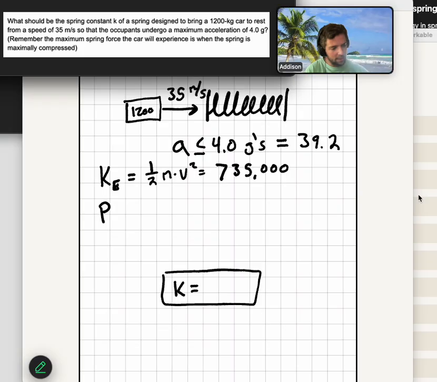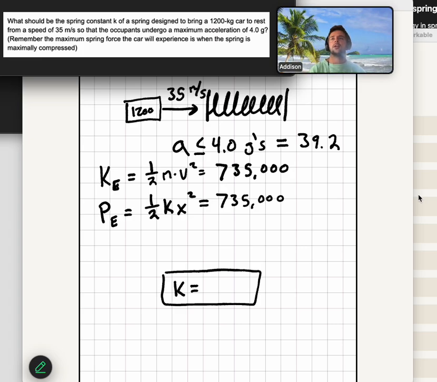So the potential energy of a compressed spring is 1/2 kx squared. And because of the conservation of energy, we know that this will be equal to the initial kinetic energy. Okay, so we're well on our way. We have this equation, 1/2 kx squared equals 735,000. So now the question becomes, how do we figure out k?